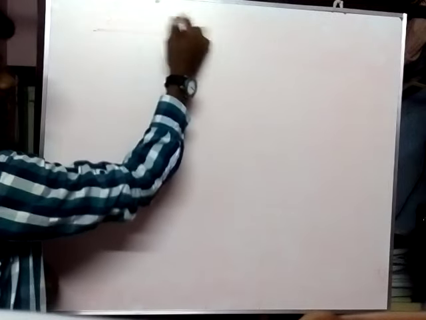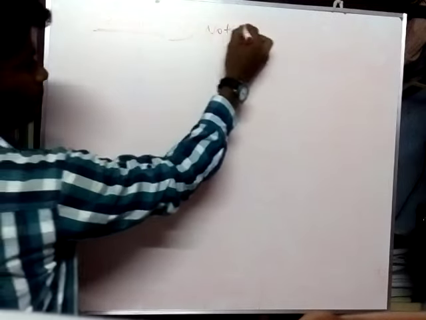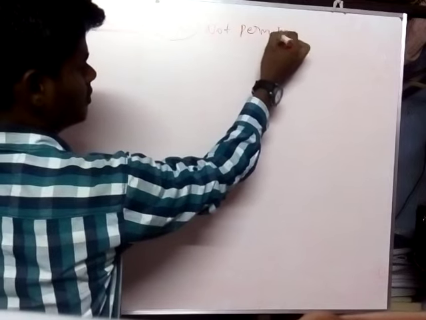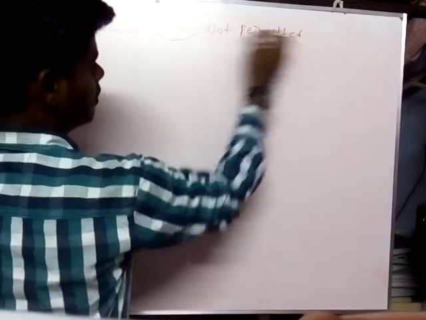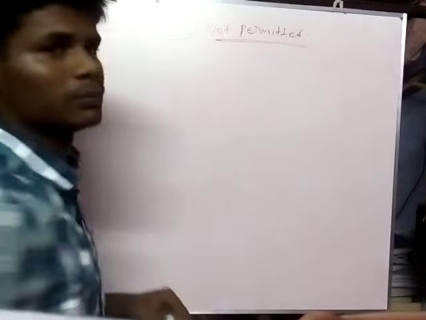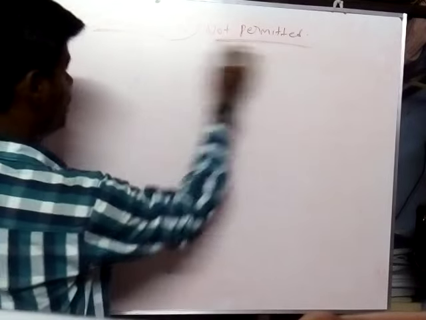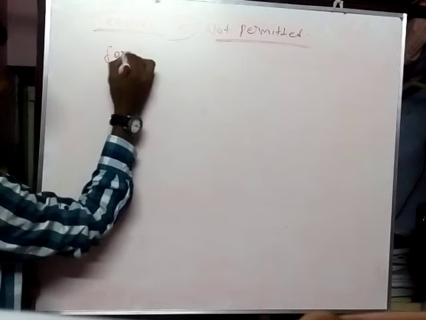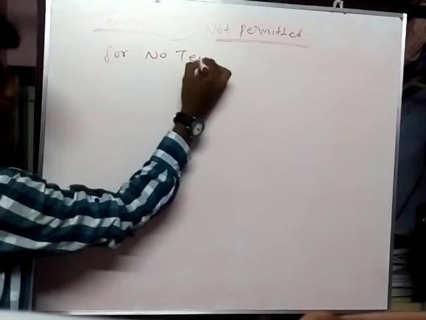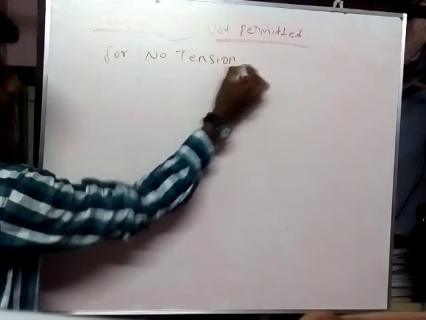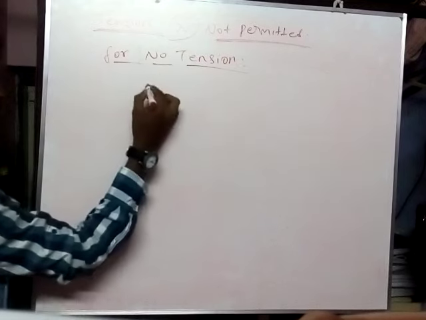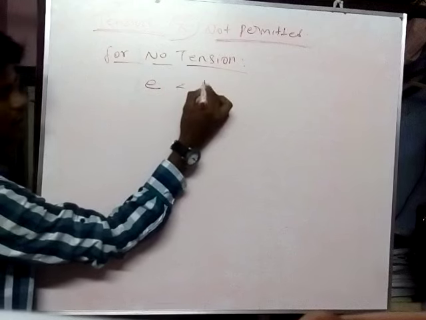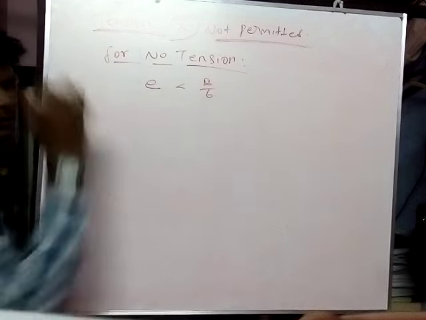That is an important objective question: tension is not permitted in a gravity dam. So for the no tension criteria, eccentricity should be less than B by 6.